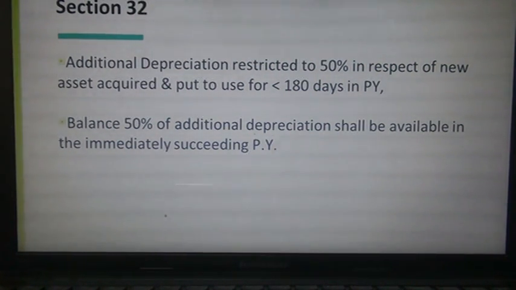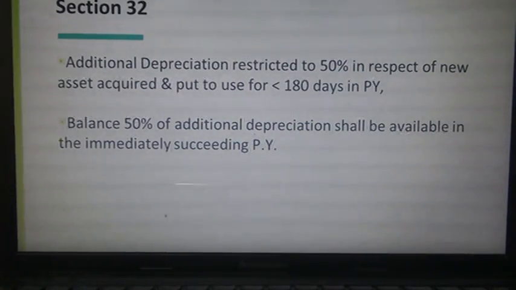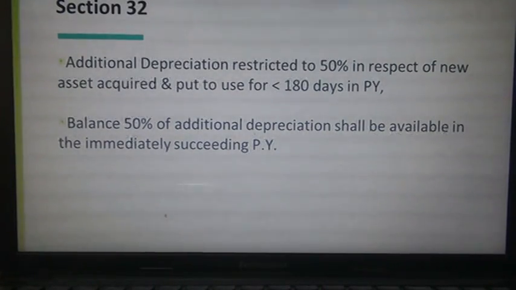As we all know, additional depreciation is an enhanced benefit given to manufacturing assessees subject to fulfillment of certain conditions. An additional or an enhanced depreciation of 20% of the actual cost of that asset is available to the assessee in the year when this asset is purchased and put to use.